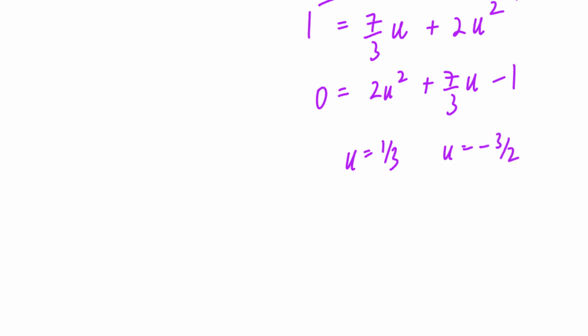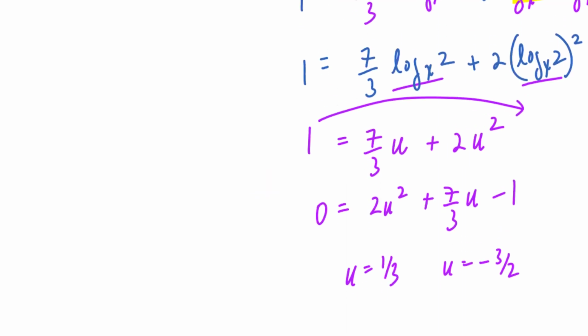So that's our value for u. And remember, our u substitution, I didn't write it down explicitly before, but our u substitution was log base x of 2. And now that we know what u is, it's 1/3 and negative 3 over 2, we can actually solve for x.